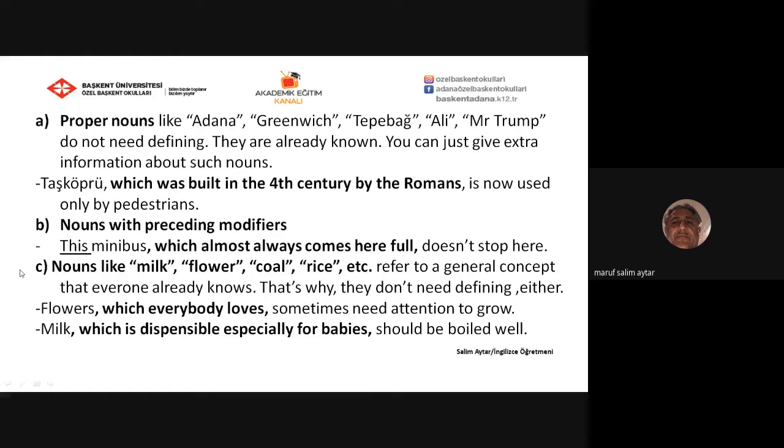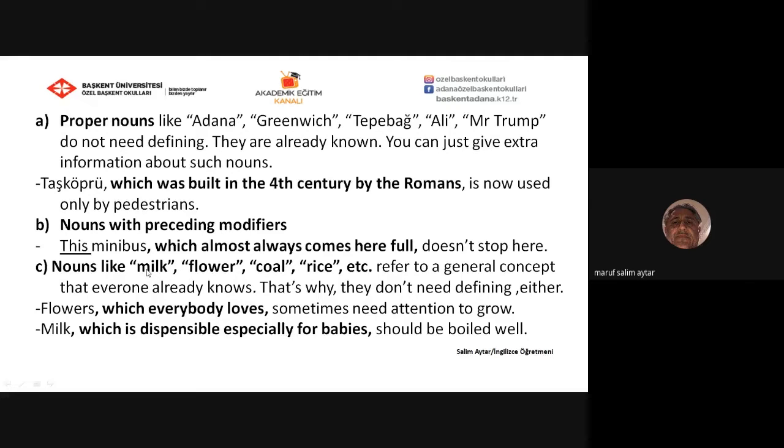Another point: the nouns about which we can just give extra information are milk, flour, coal, rice, etc. They refer to a general concept that everyone already knows. That's why they don't need defining either. Okay, think of the word or concept of milk. What comes into your mind when you think of milk?